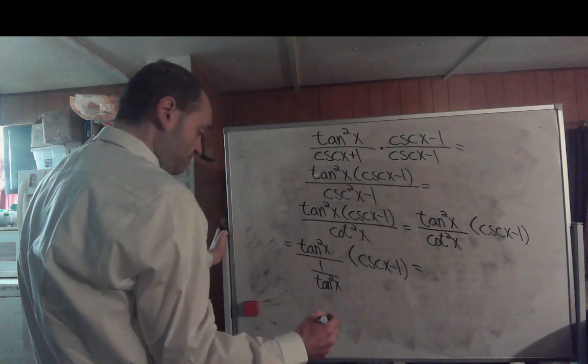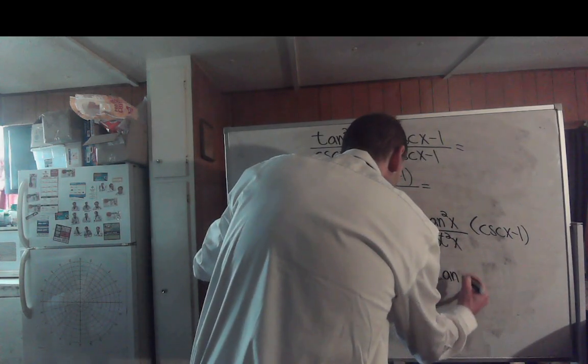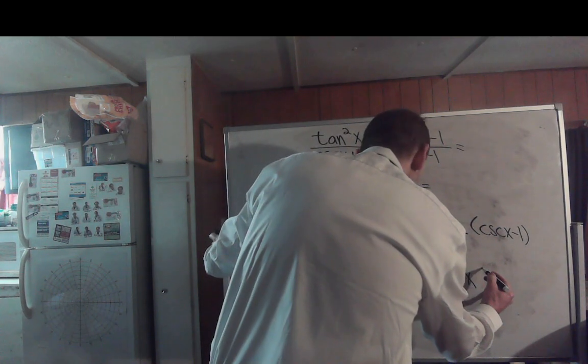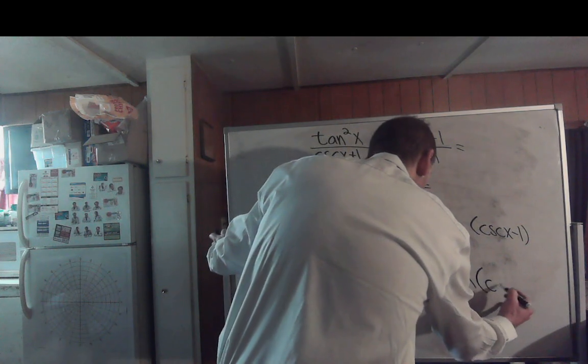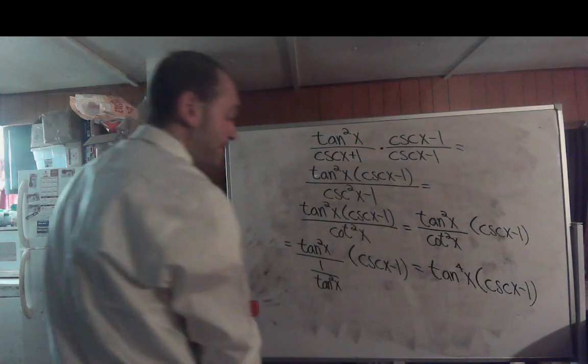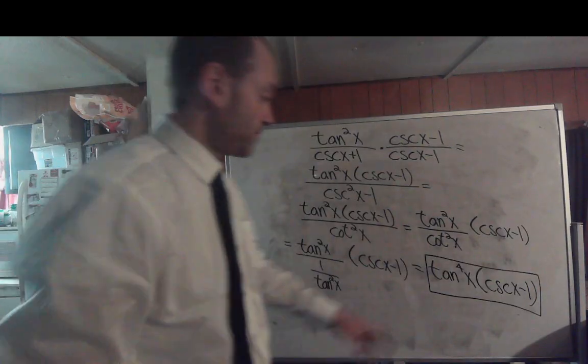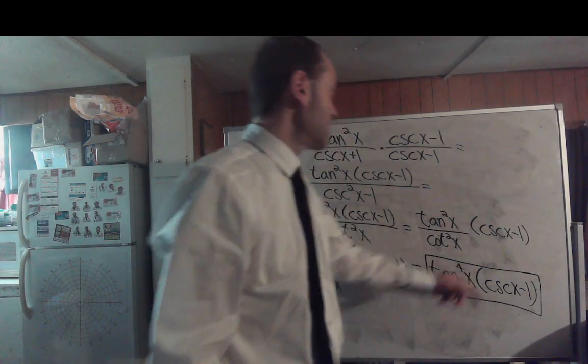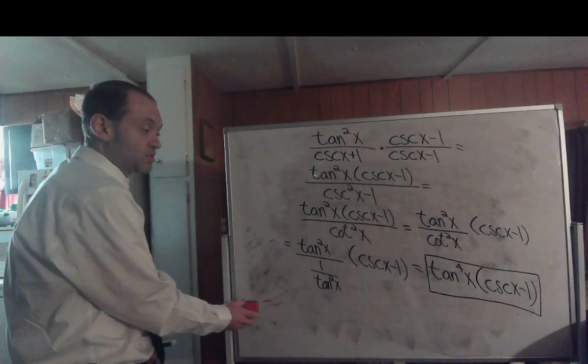Well, that would simplify into the tangent to the fourth of x times the cosecant of x minus 1. So this would simplify all into the tangent fourth of x times the cosecant of x minus 1.